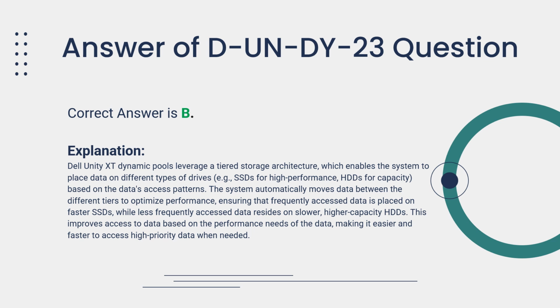The system automatically moves data between the different tiers to optimize performance, ensuring that frequently accessed data is placed on faster SSDs, while less frequently accessed data resides on slower, higher capacity HDDs. This improves access to data based on the performance needs of the data, making it easier and faster to access high-priority data when needed.